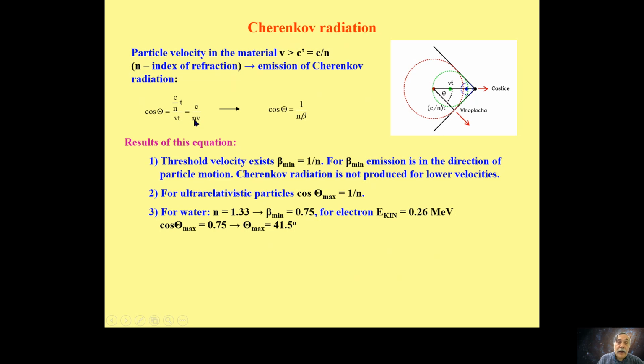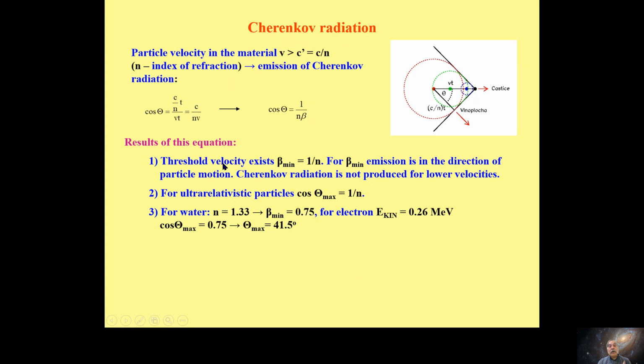In the end, here is v and here is c, which means it is beta, and we obtain that the cosine of this angle is given by the index of refraction and the velocity of the particle in units of the velocity of light. Okay, what are the results of this equation?